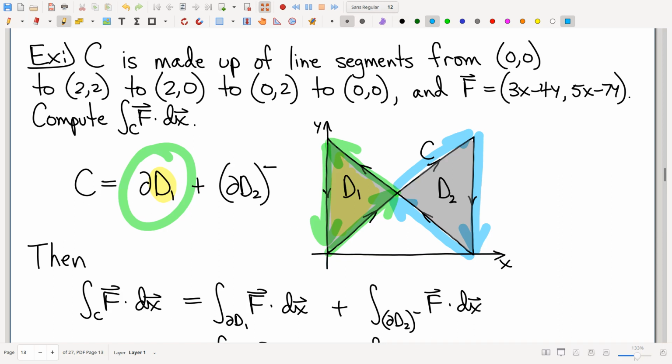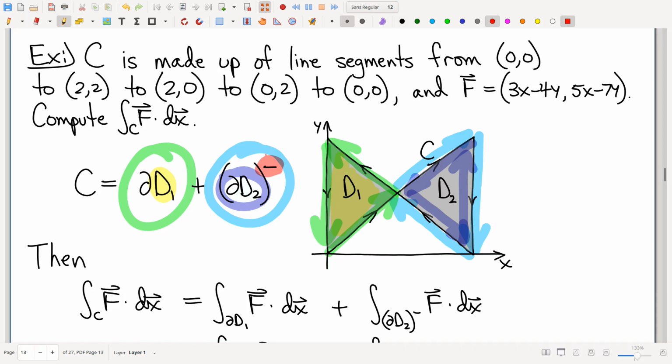However, it is the exact opposite orientation of this curve, and that curve is a boundary. That is straight up the boundary of this gray region D2, and the light blue, being the same curve with opposite orientation, is just the negative of that.